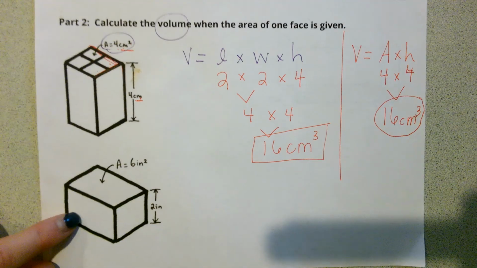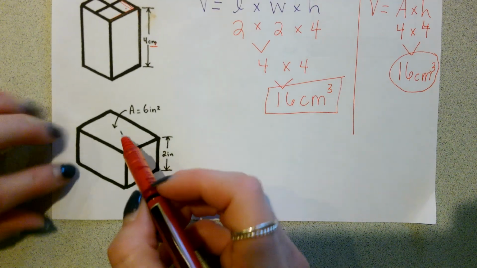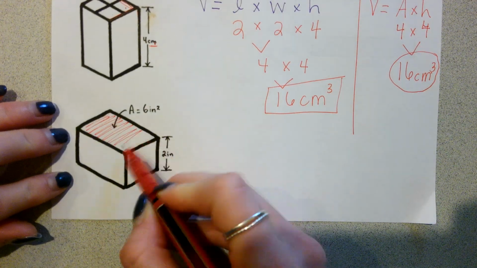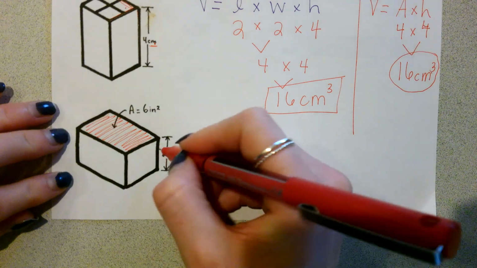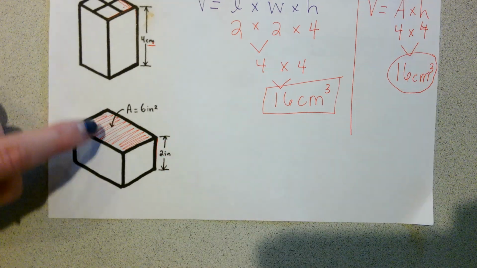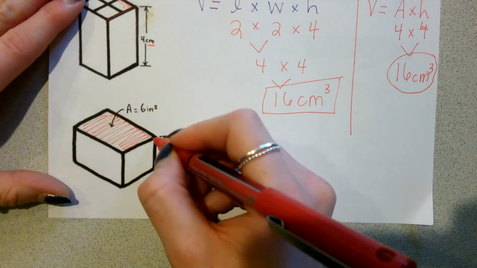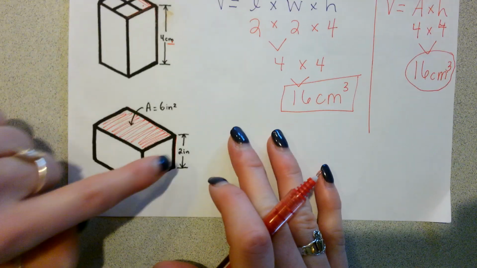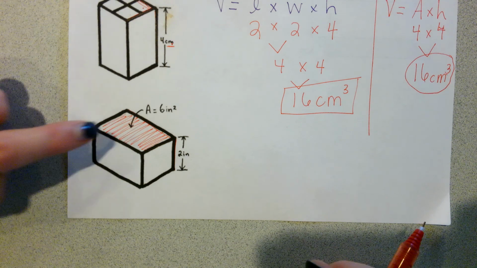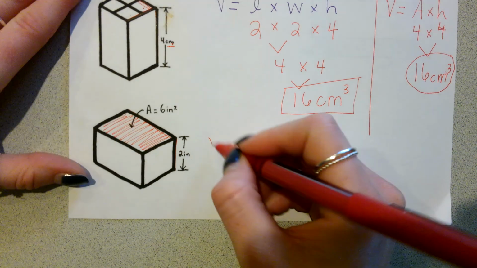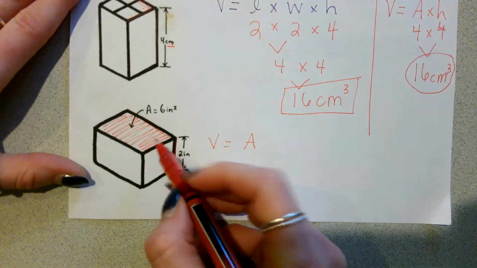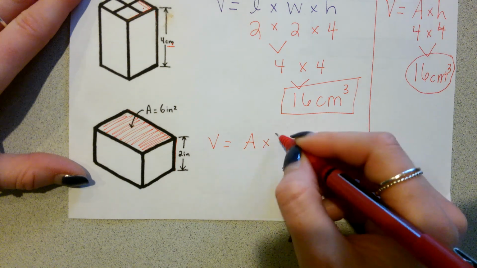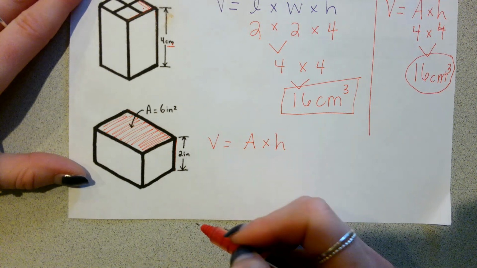Let's go down to this bottom one. It says that the area of this face is 6 inches squared, and the height is 2. But they don't tell me the length or width because I can't see the cubes, the top, anymore. They tell me that whole space is 6 inches squared. If I have the area of one face and I multiply it by my height, I can still find my volume.